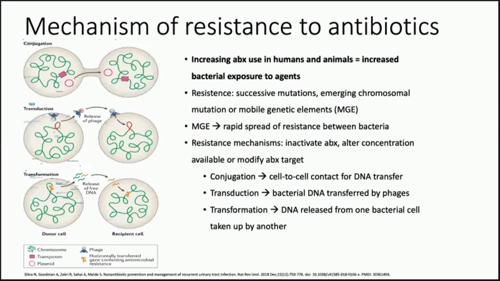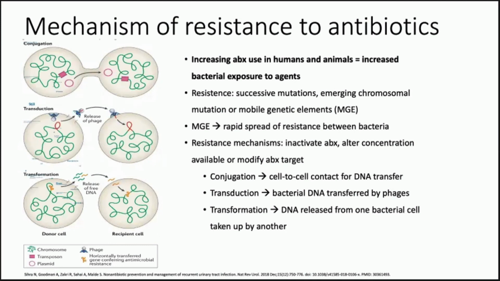Before I talk about the antibiograms, I just want to briefly review the mechanisms by which bacteria develop resistance. With increasing antibiotic use in humans and animals, bacteria are exposed to increasing agents and will develop resistance through successive chromosomal mutations and mobile genetic elements like transposons and plasmids that we can see up on the image.